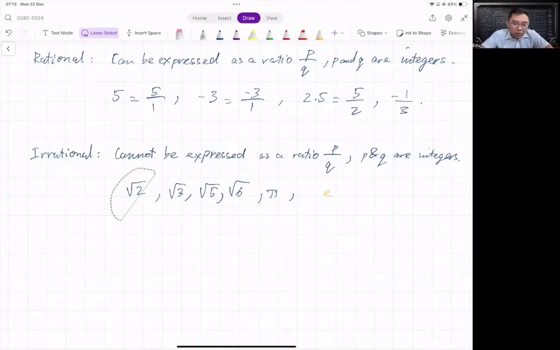Punch the numbers that the question is giving you into the calculator and try to press the fraction conversion. If it shows you a ratio, it is going to be rational. If it doesn't turn into a ratio, it is going to be an irrational number.